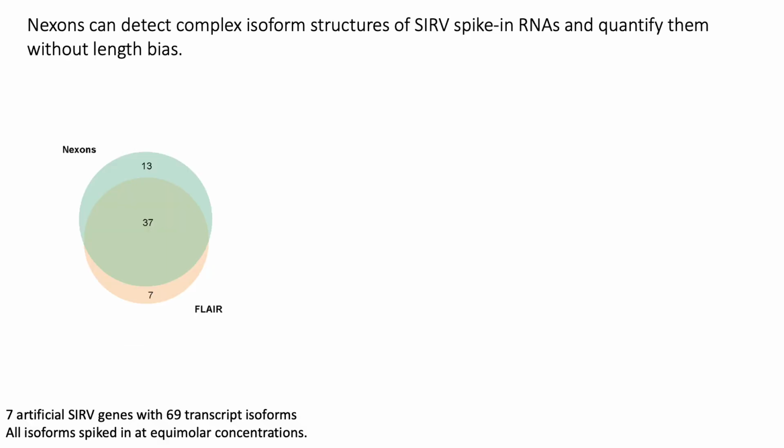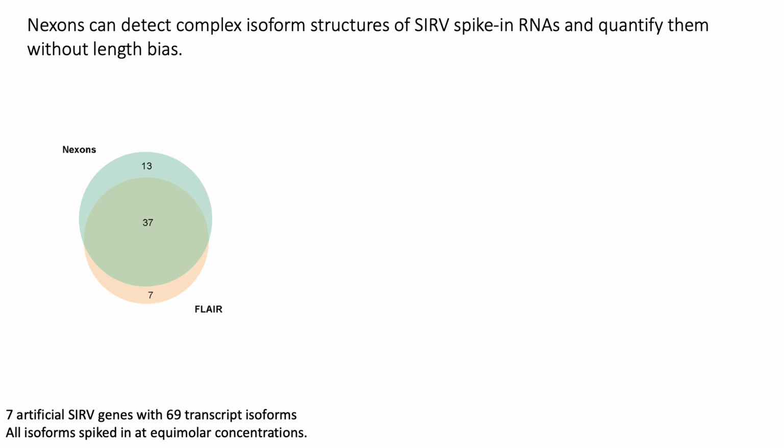Next, we leveraged the existence of spike-in control RNAs in our dataset to test the sensitivity of isoform detection by Nexons and FLAIR. SIRV spike-in RNAs are composed of 69 transcript isoforms which are spiked in at equimolar concentrations.